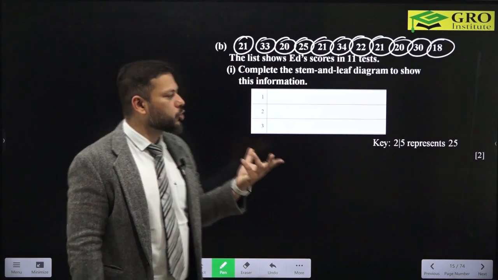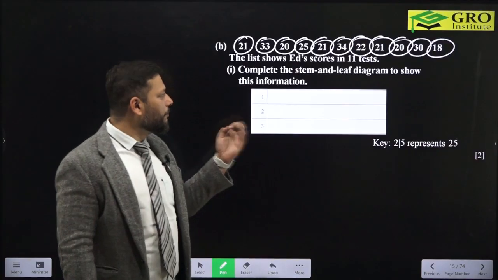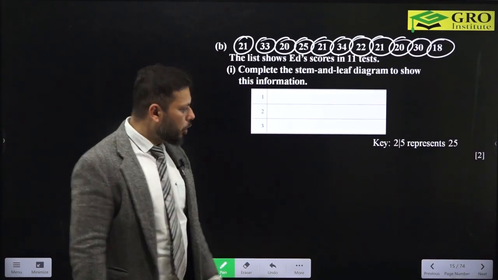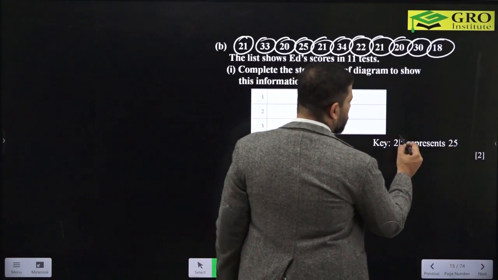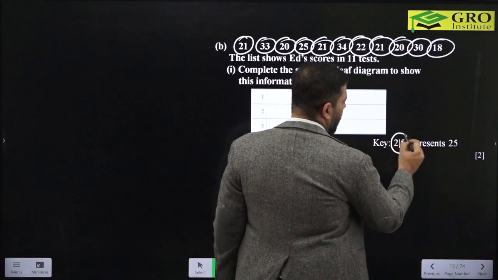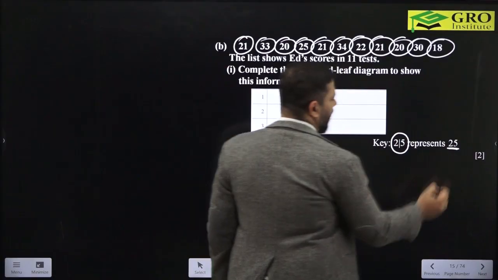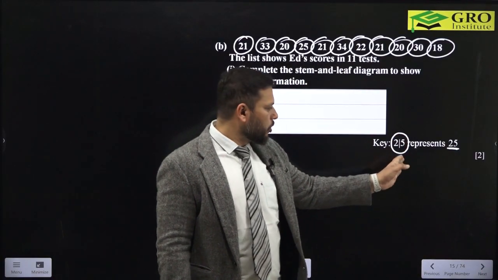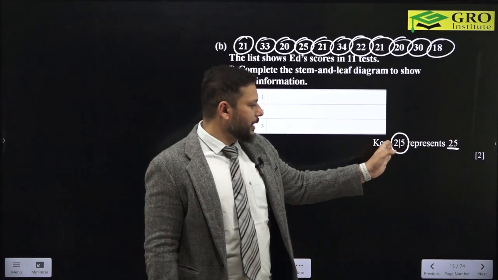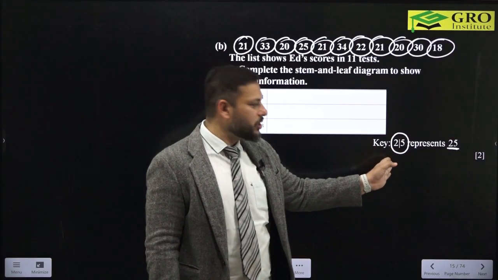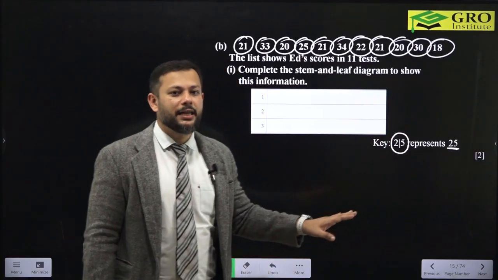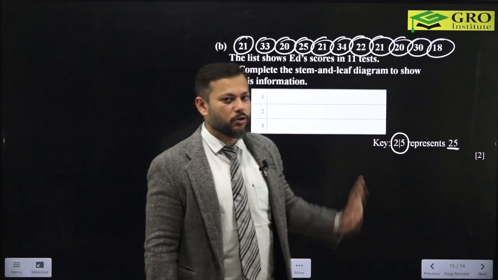That is the score. We have to complete the stem and leaf diagram to show this information. Also, the key is given. This 2|5 represents 25, isn't it? That means the left of this, the stem, represents the tens digit, and on the right of it, we will get the leaves that represent the ones place of the number.